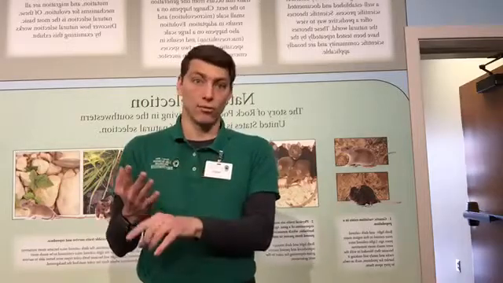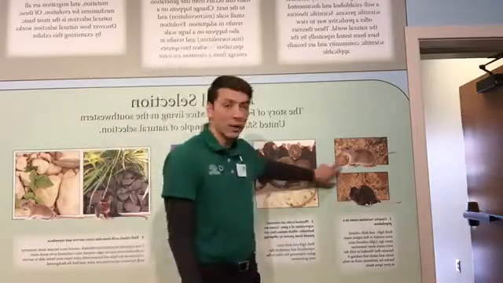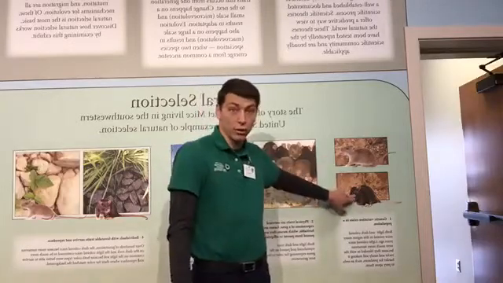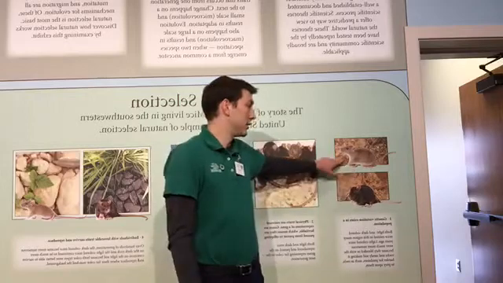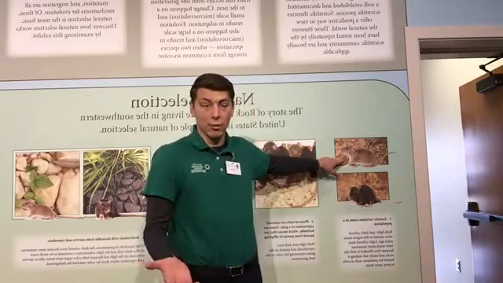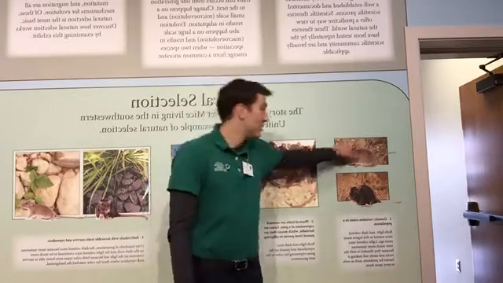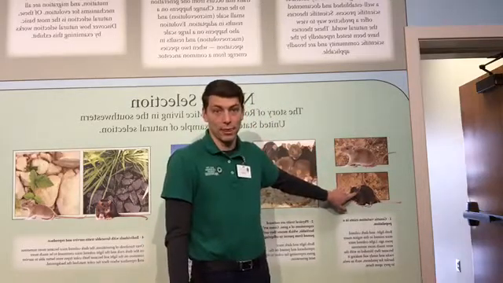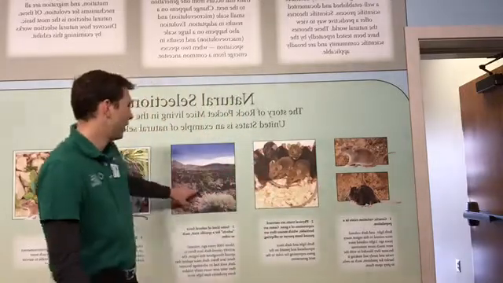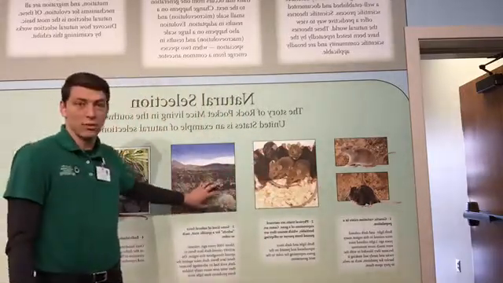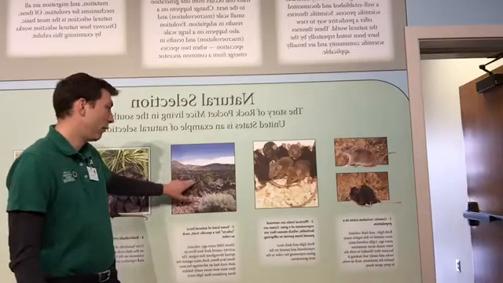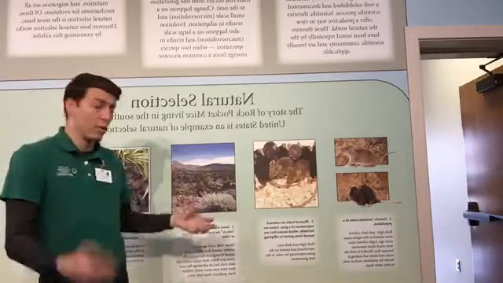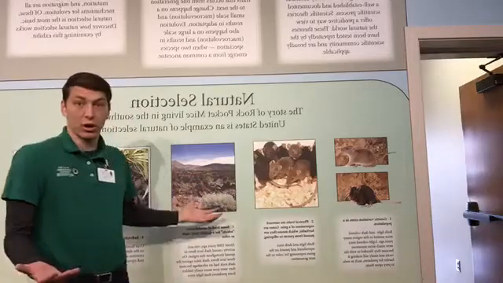So these selection pressures, these problems that animals and plants encounter in nature, are only going to let certain traits through. So these pocket mice, they have different colors. Some are lighter, some are darker. And because they need to hide from predators, the lighter mice are going to survive because the dirt is a lighter color. And there's going to be less dark ones. But when something changes, like if the ground becomes darker, in this certain area, volcanic activity brought lava rocks, created lava rock formations, and there were a lot of darker rocks.